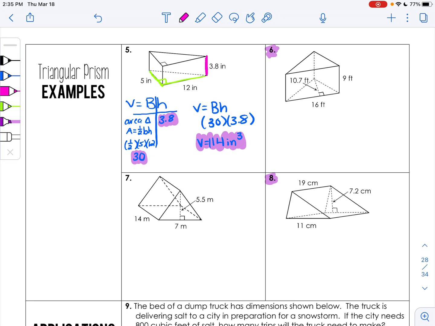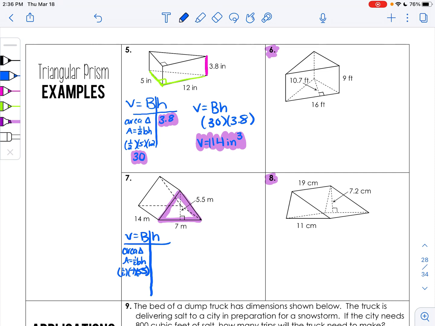So we're going to find the area of the base and then multiply it by our height, because that's our volume formula. So our area of a triangle, because a triangle is our base, and the area of a triangle again is 1/2 base times height. So that's 1/2 times 7 times 5.5, because again we're just looking at this triangle here.